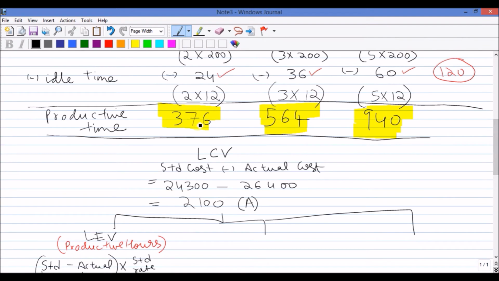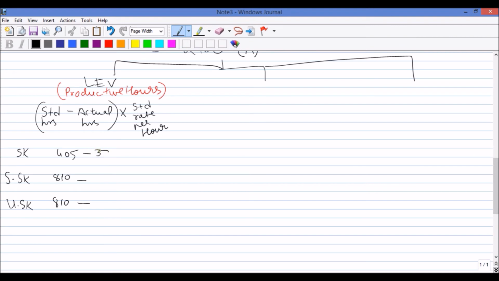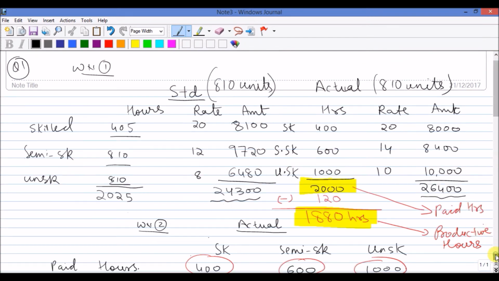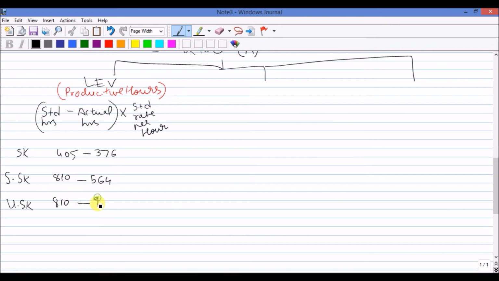So I've highlighted it: 376, 564 and 940. Then we are going to multiply this with the standard rate per hour.